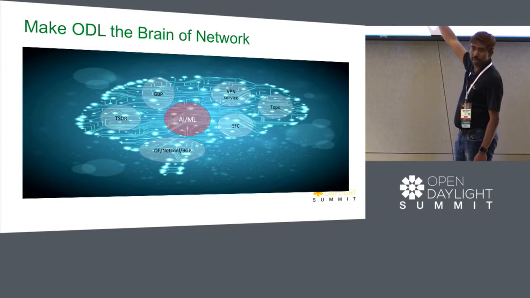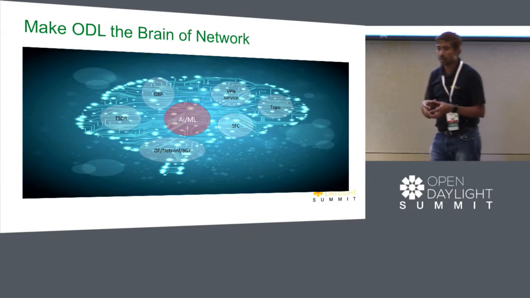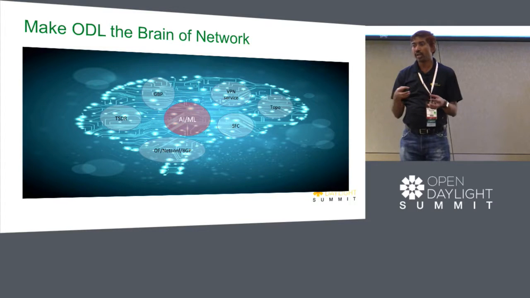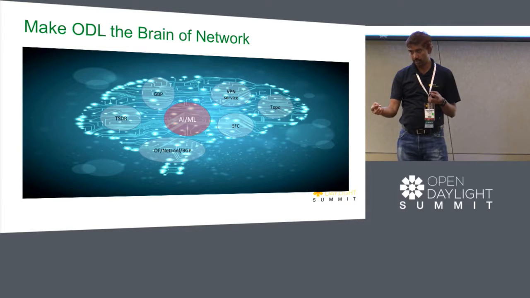Let's take GBP. If you look at group-based policy, what is it about? It talks about creating a relationship between two entities. A simple thing, for example, if you look at a simple misconfiguration, if you're familiar with a BGP VPN type of thing, there are two parameters.